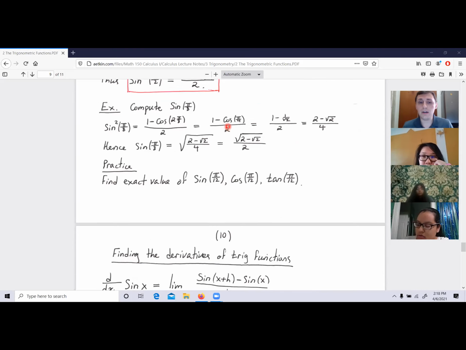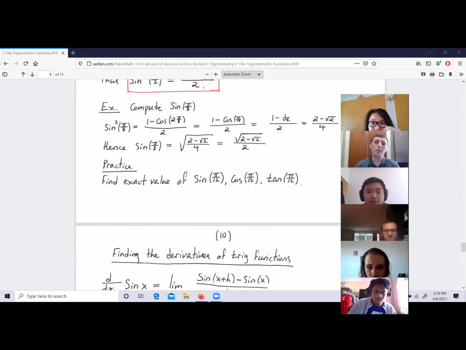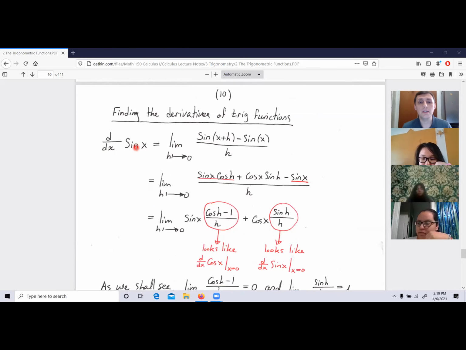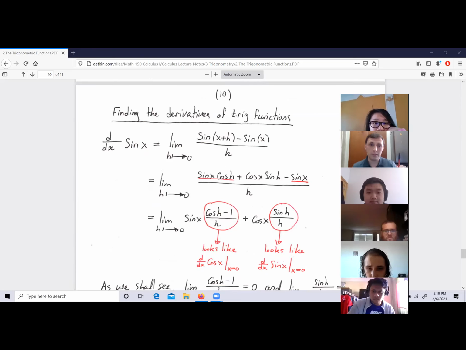The objective now is to find the derivative of sine of x and of cosine of x. Good? How do we accomplish this? So the derivative of sine x, again, guys, we had two definitions for the derivative. Do you remember the two definitions? We had the z minus x definition, and we have the x plus h definition.